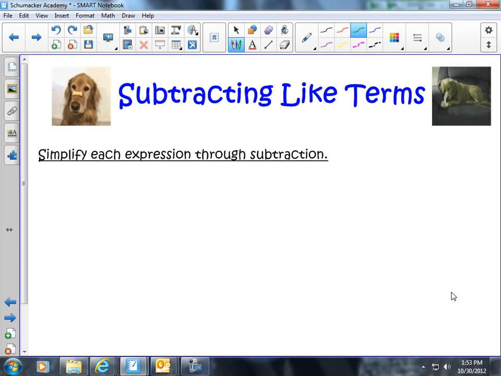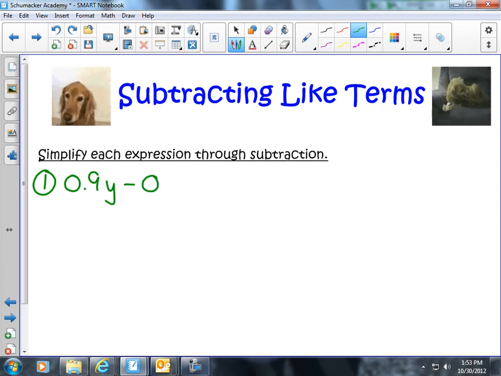So let's go ahead and jump right into this and try some of these problems out. Let's say for number 1, we have 0.9y minus 0.4y. Now in this case, all we're going to do is subtract, since they are like terms.